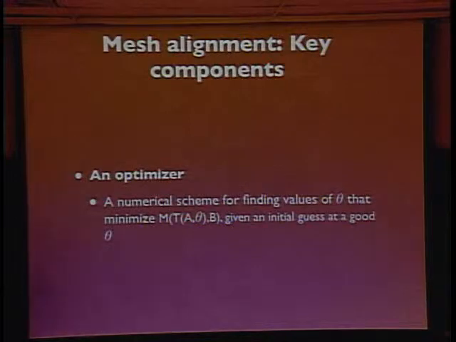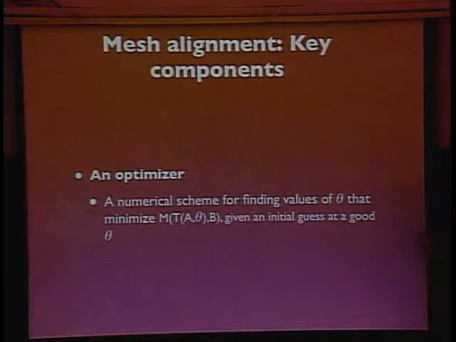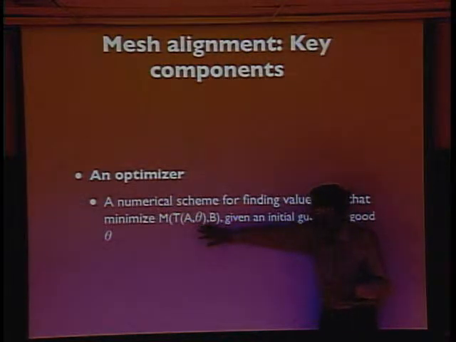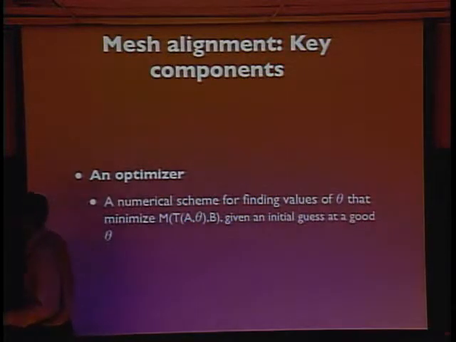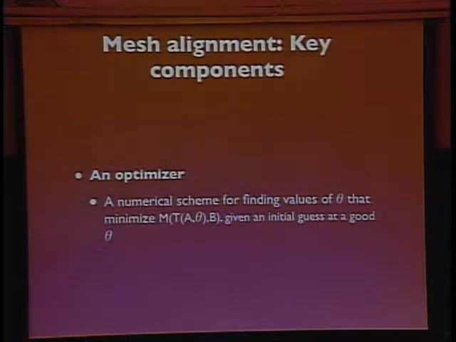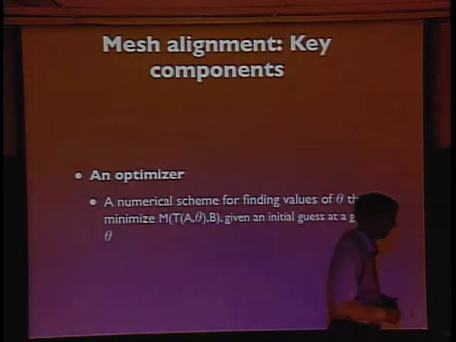And an optimizer is basically a numerical scheme or a numerical strategy for finding values of theta, which is to say, finding geometric transformations that minimize the metric, given that you have some initial guess at what the geometric transformation is. So it could be that you have absolutely no idea a priori before you start analyzing the data of what the transformation might be, or even what the ballpark of the transformation values should be. So in that case, you can just initialize this theta to whatever you want, to some random values.